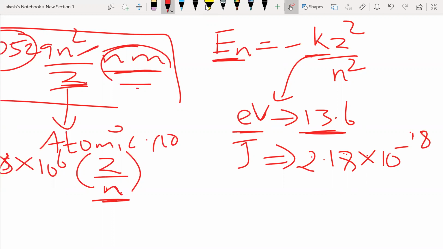You have to remember these values, guys. There is no other way, for this chapter is full of formulas. If you remember the formula, you are set. So we talk about Vn, Rn, and En.